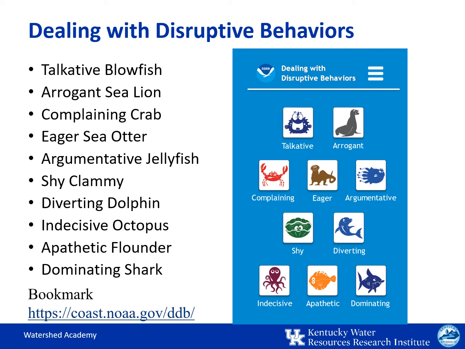As you look at this list, can you think of some of the people in various meetings that fit these characterizations? You have a talkative blowfish, an arrogant sea lion, a complaining crab, an eager sea otter, an argumentative jellyfish, a shy clam, a diverting dolphin, an indecisive octopus, an apathetic flounder, and a dominating shark.